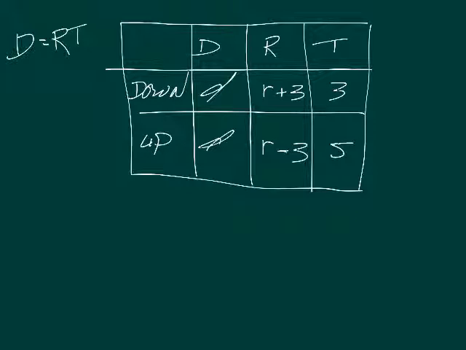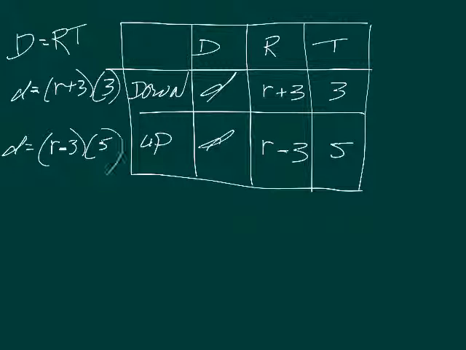Alright, so we filled in all of our blanks there. So if we look at this, downstream, D equals R plus 3 times 3. And upstream, his distance is R minus 3 times 5.